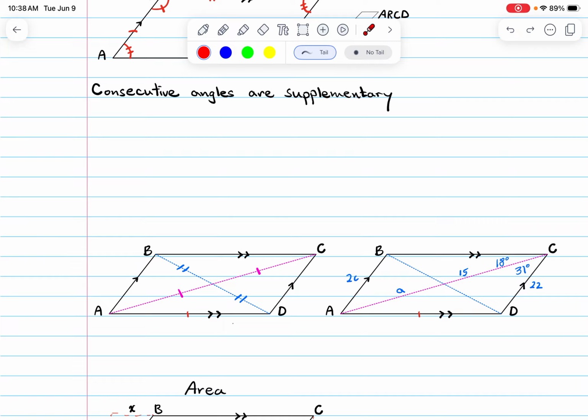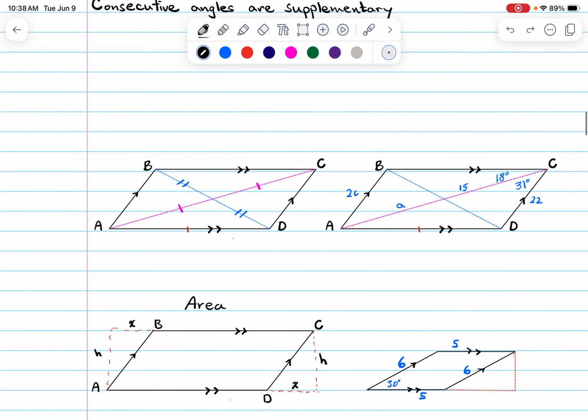In other words, it cuts it into two equal parts, so that this little segment here is congruent to this segment here. This segment here is congruent to this segment here. So diagonals of a parallelogram bisect each other.